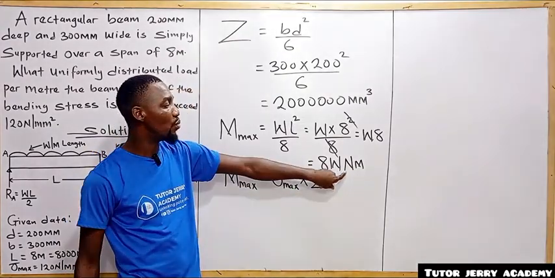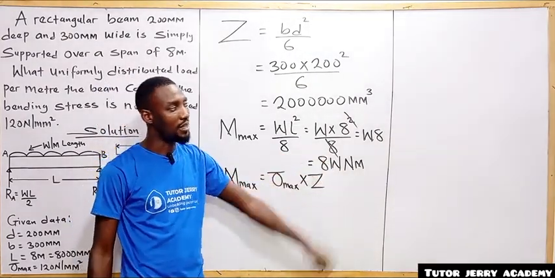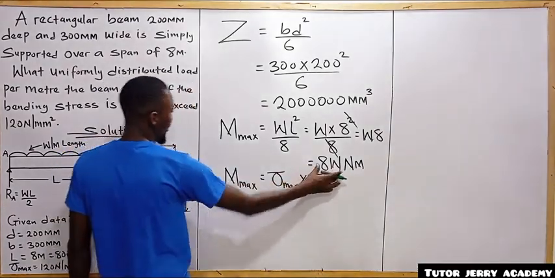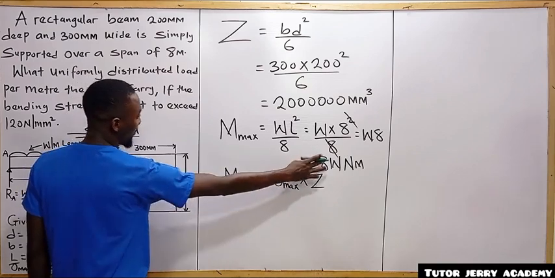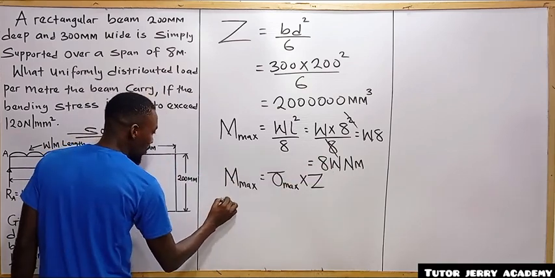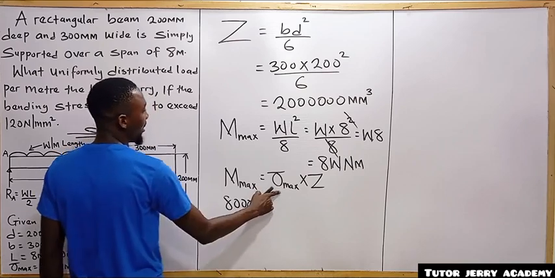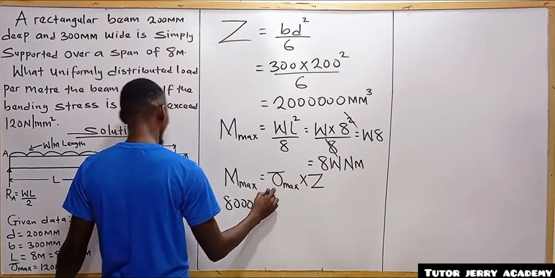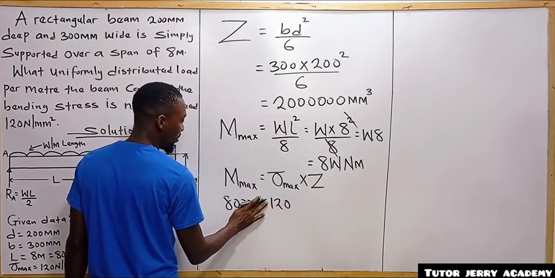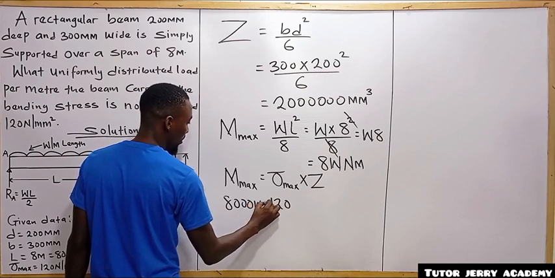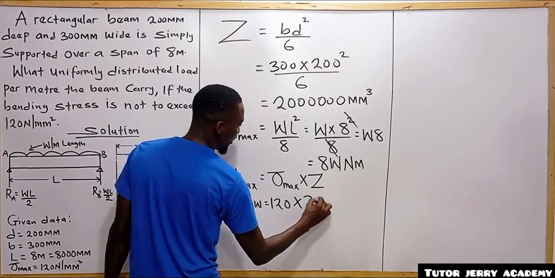So it definitely means we need to multiply this by 1000 in order to convert it to millimeter. If we want to substitute for the maximum bending moment here, we multiply by 1000, so it's going to be 8000 W equal to the maximum stress, 120, times Z, and our Z is 2 million.